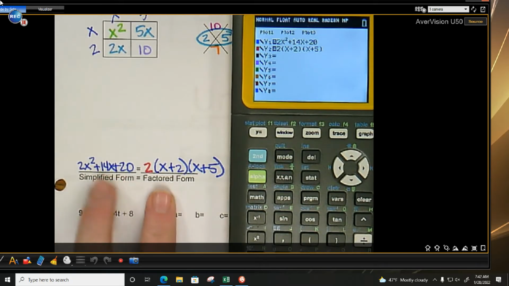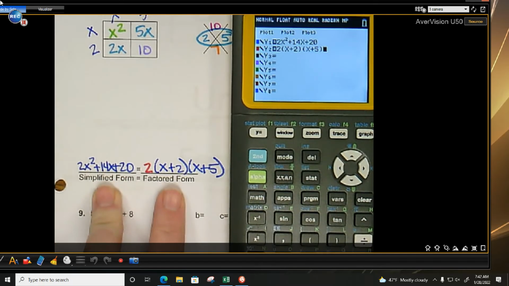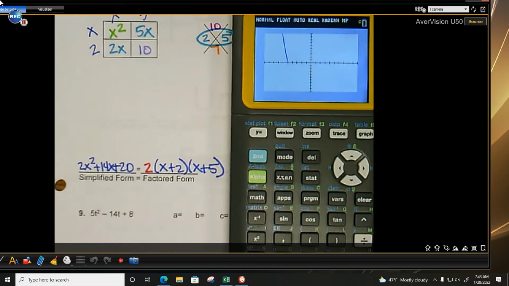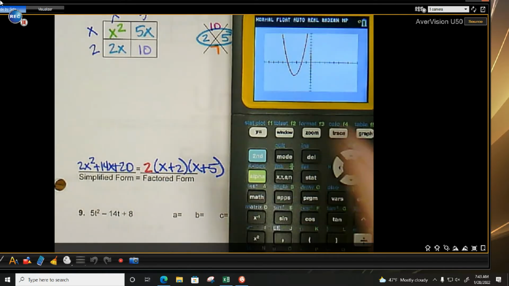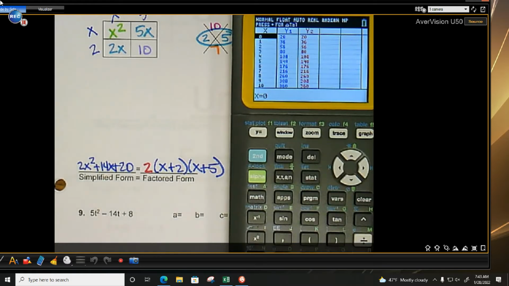See how we're saying our simplified form is equal to our factored form? Let's make sure they're actually equal. Graph them. The blue is then over or outline traced by the red. Go to the table. Y1, Y2 match up because we did it right. Good?